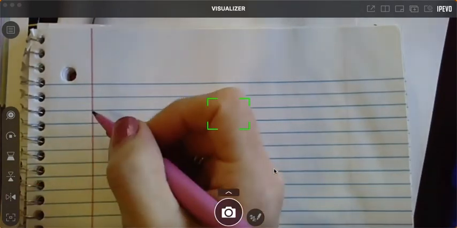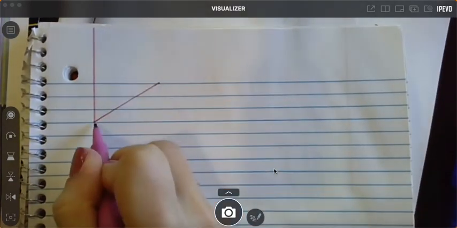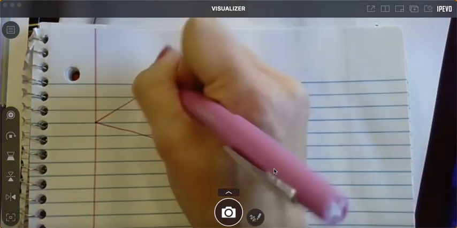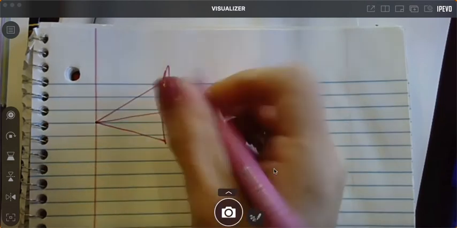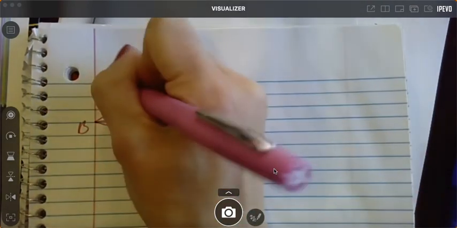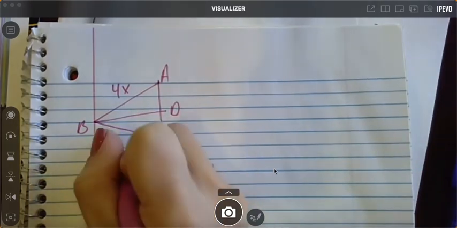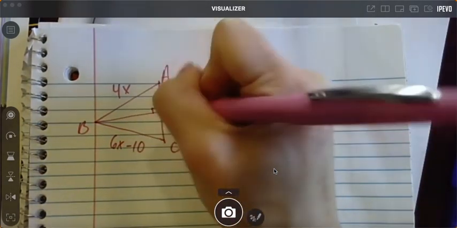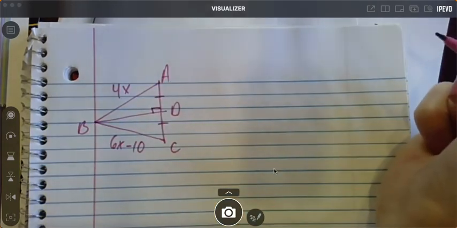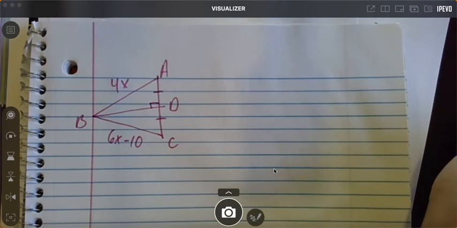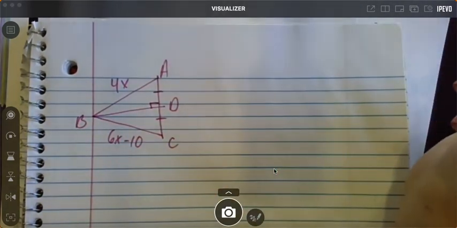If I have my triangle, A, D, C, B. This is 4x, and this is 6x minus 10. And I know these are 90-degree angles, and these two are equal. How would you find x? Using the rules I just told you, what do you know about this side and this side? They're equal. That's all we're doing, just using that.